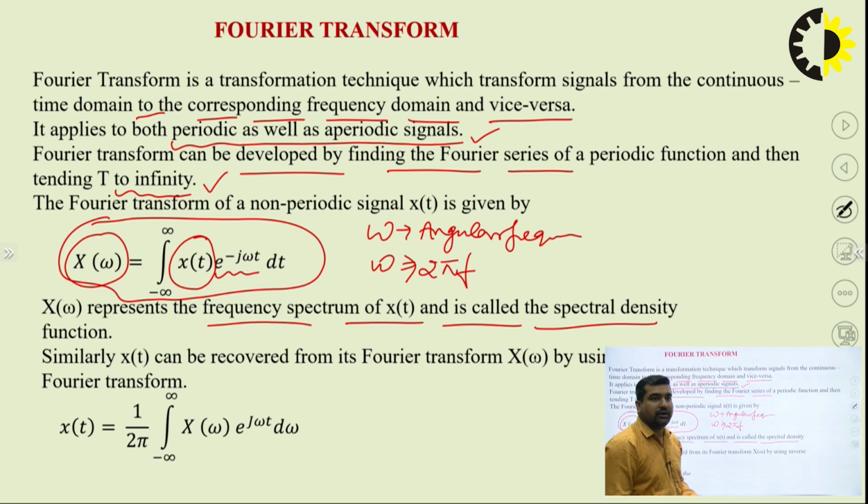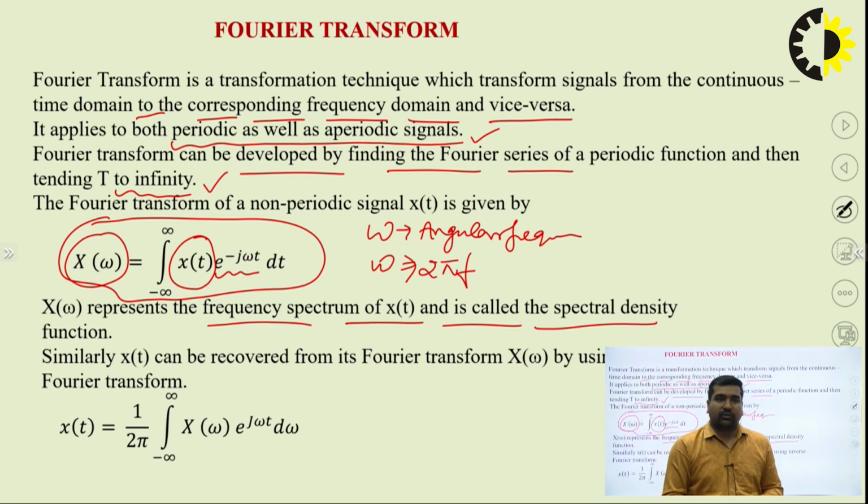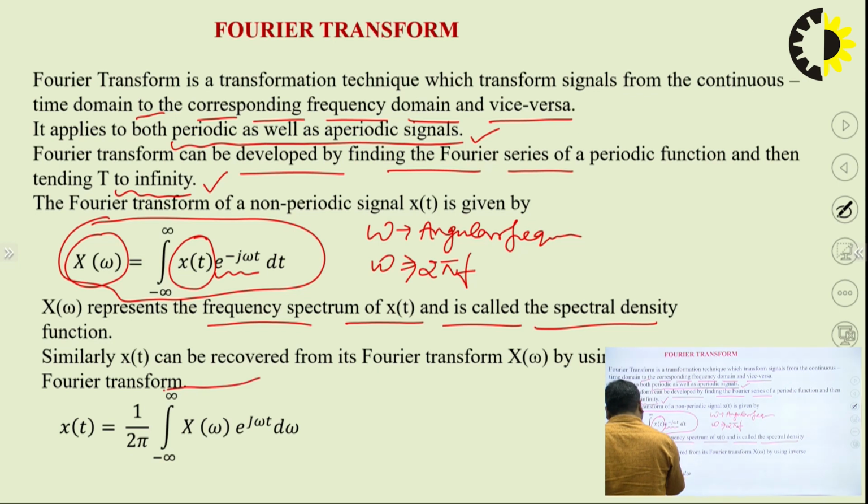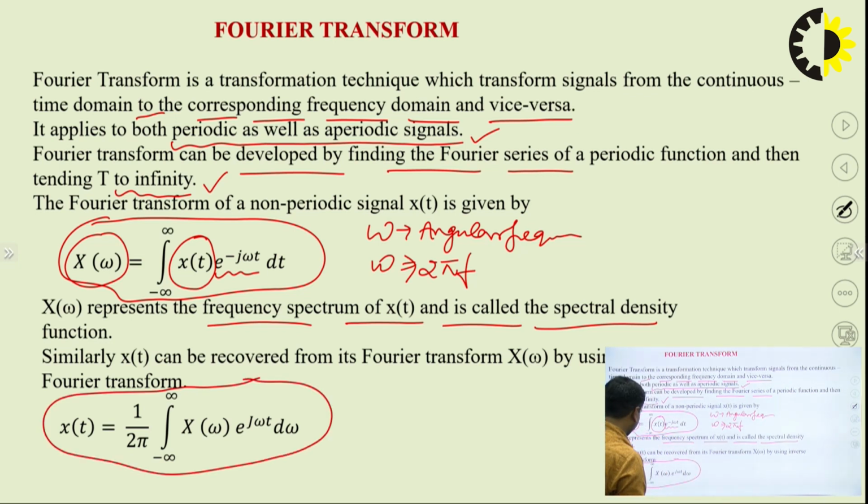If we have the function in the frequency domain, we can change the domain of that particular function to time. Okay, so that is called the inverse Fourier transform, and the expression is x(t) equal to 1 upon 2 pi, integral from minus infinity to infinity, X(omega) e to the power j omega t d omega.